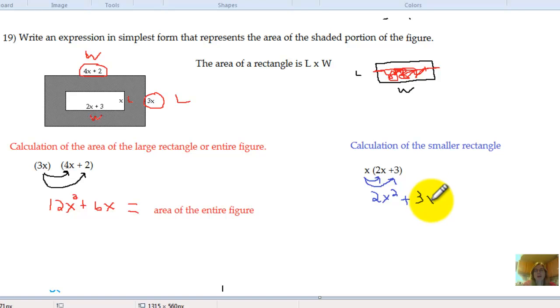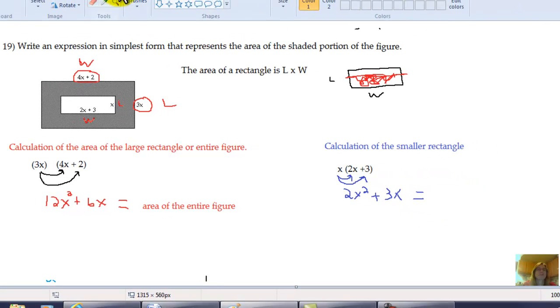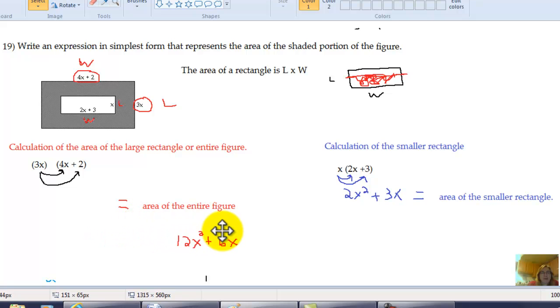So now we have the area of the smaller rectangle. We're going to subtract the smaller rectangle area from the larger rectangle area, which means we can take each of these equations that we created and subtract.